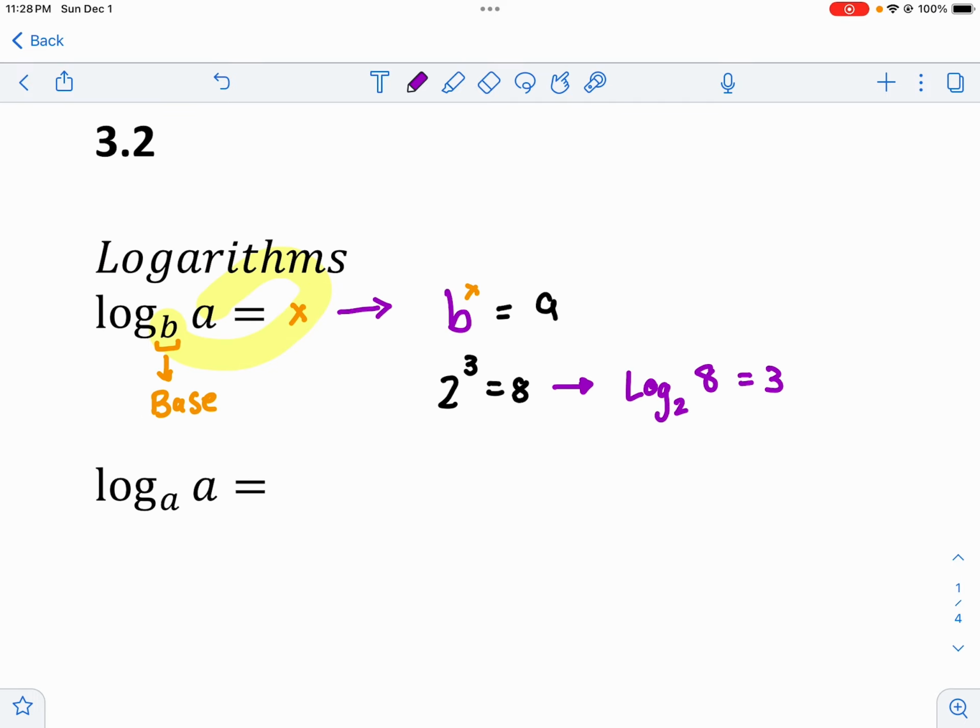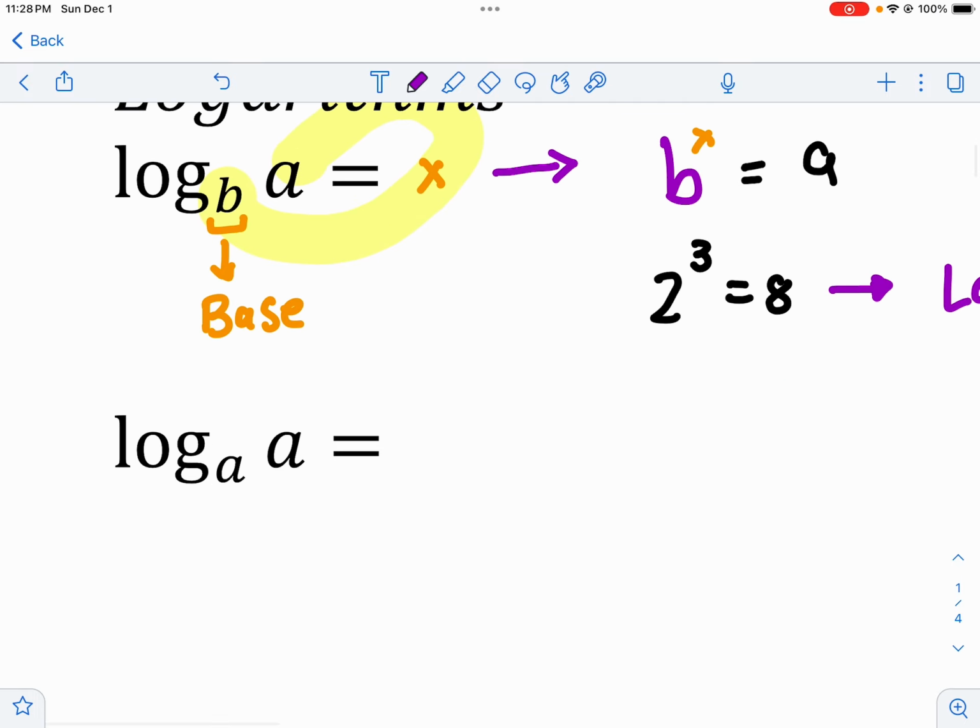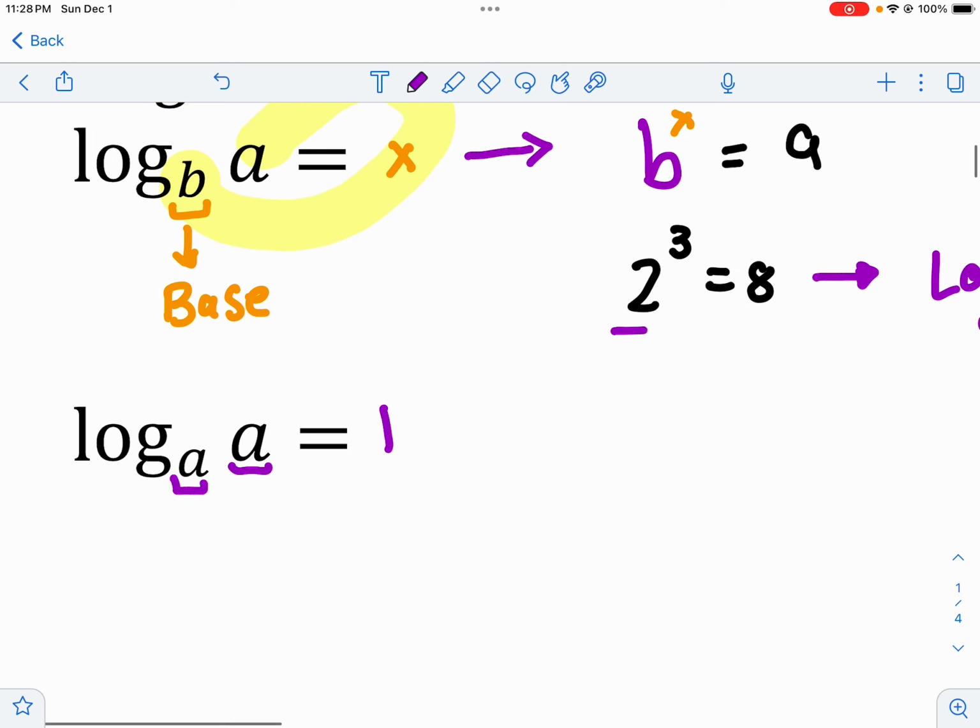So then sometimes when the base and this number are the same, I actually don't remember what this number is called. When they're the same, this is equal to 1. And it makes sense, because let me use this example again. Let's say if I just put 2's in here. So this will say 2 to the first power is equal to 2.